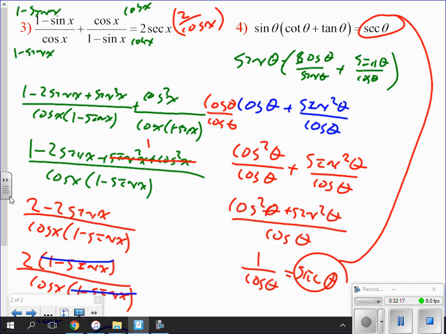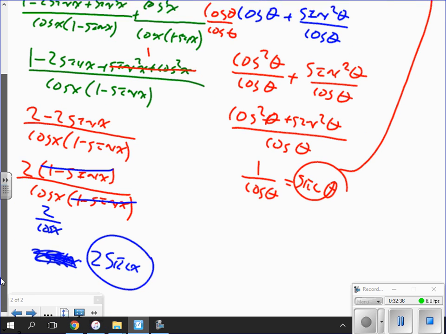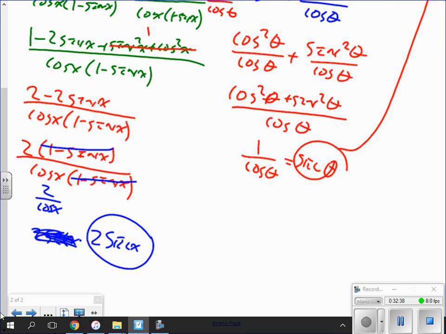Now, here's what an alternative for this one was. Like I said, there's more than one way.